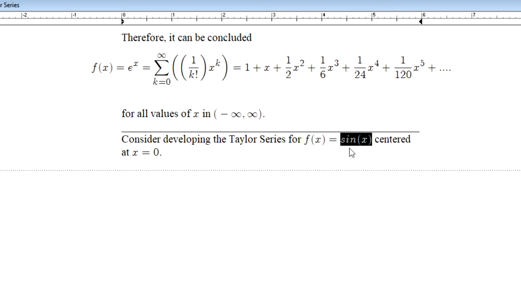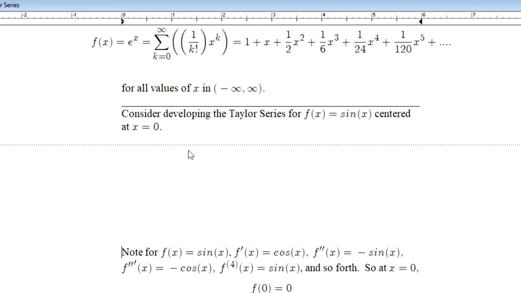Typically, we know it for values that output square root of 2 over 2, or 1/2, or root 3 over 2, or 0 or 1 in value, but we don't really know it for any other angle measurements or values of x outside of a few common locations. So let's think about developing a polynomial approximation of this function centered at x equal to 0.